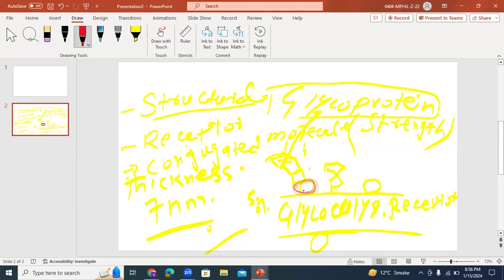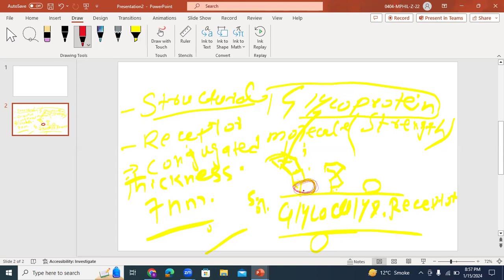The second point is that we call it a selectively or partially permeable membrane. Why? Because some specific molecules are allowed to get in or can easily pass through the cell membrane, and many other molecules which are large in size or charged will not be able to get in. They will be restricted by the cell membrane.